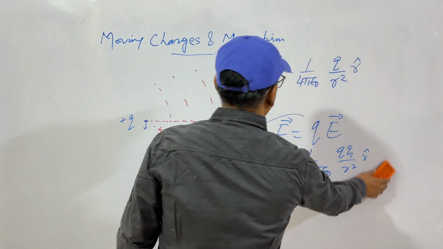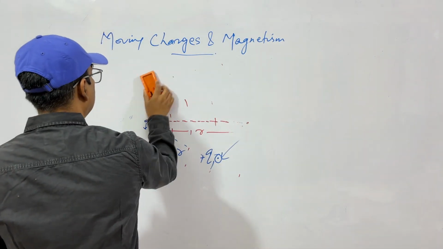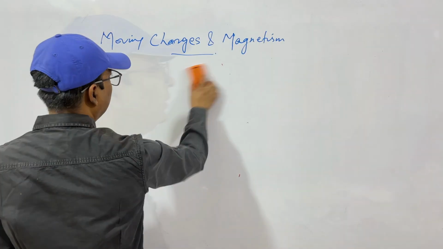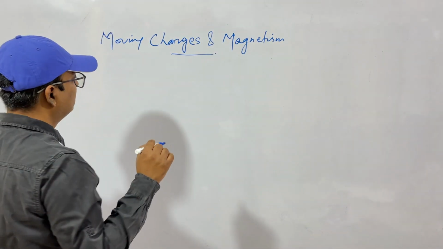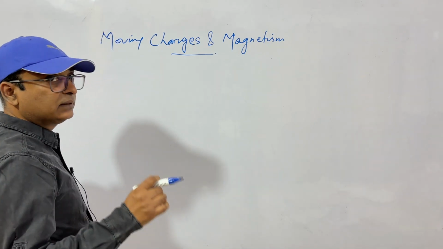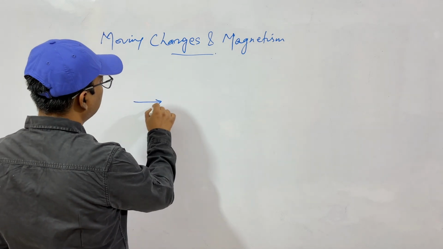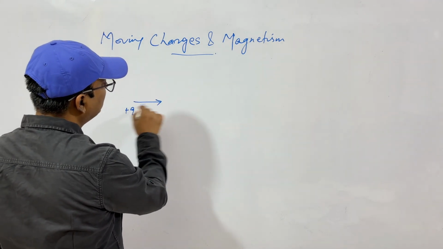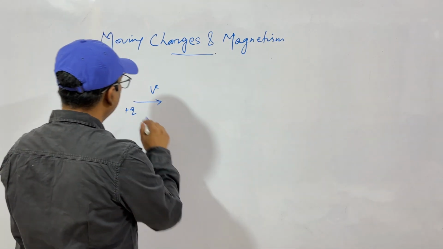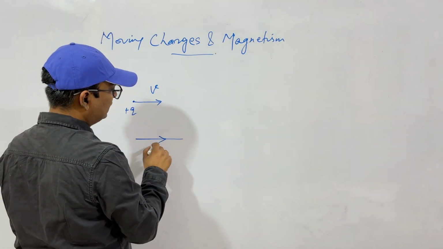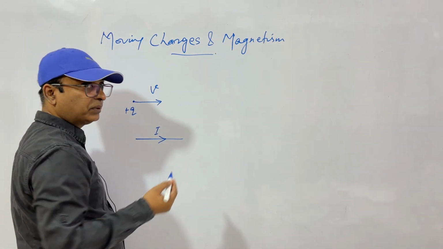Now, what is magnetism then? We are talking of electric force and electric field. What is magnetic field? As a static charge produces an electric field, similarly, a charge, let's say Q, moving in a certain direction with a velocity v, or if a conductor is carrying a current I, we have several charges moving in a particular direction.